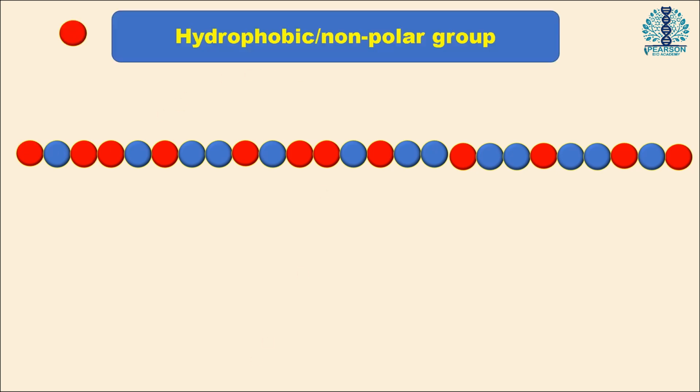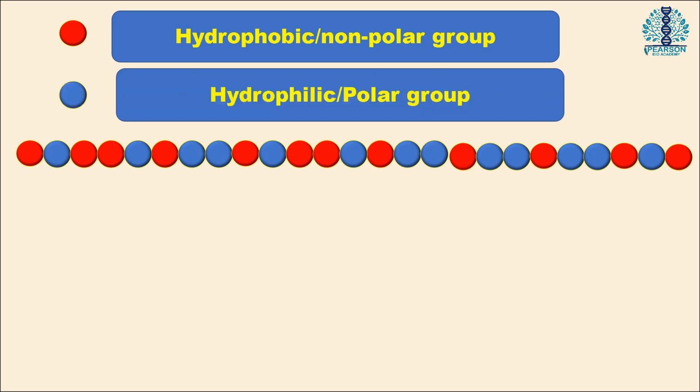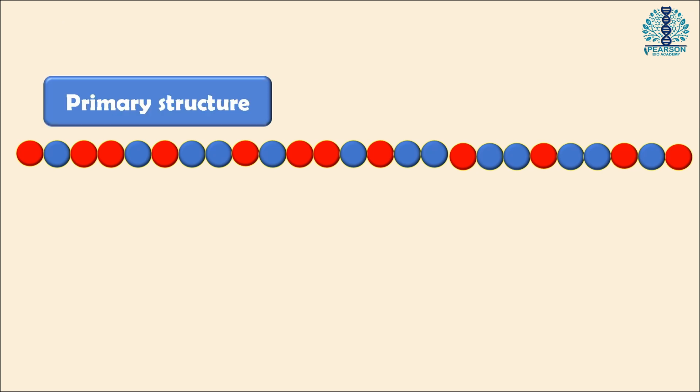In the diagram, you can see a sequence of amino acids represented in red and blue. The red amino acids have hydrophobic or non-polar R groups, while the blue ones have hydrophilic or polar R groups. Initially in the primary structure, these amino acids are arranged in a linear sequence.